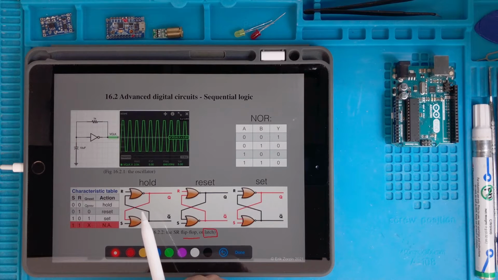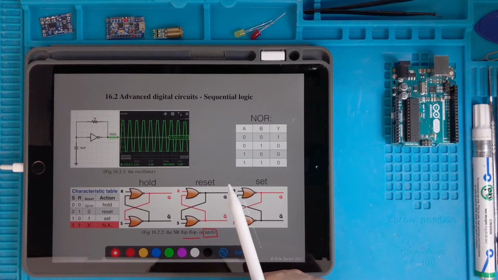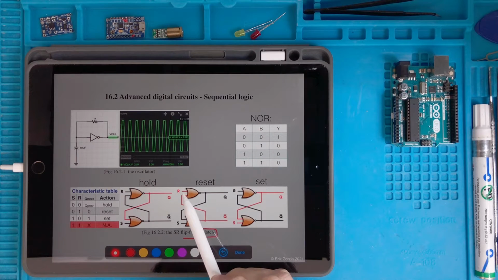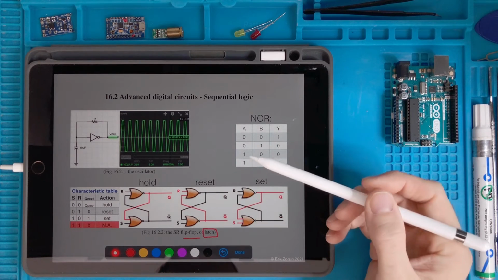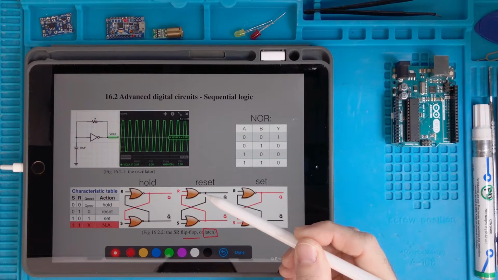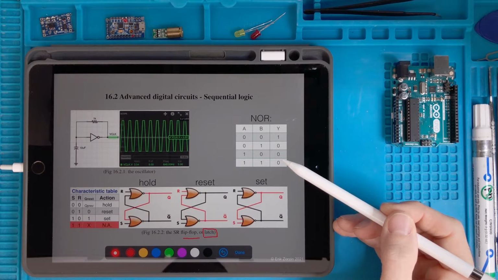So from this situation, let's try to reset the system. I put a 1 at the reset input. Let's see what happens. If I have a 1 at the reset, let's call this input A, again, no matter what's in B, the output of this gate should be 0 according to the truth table.